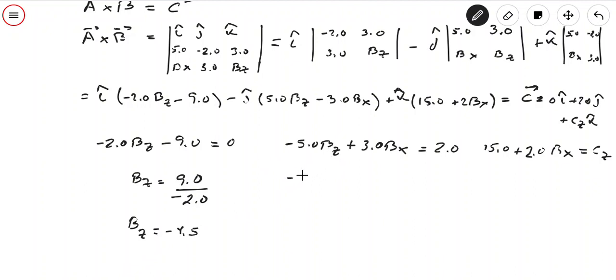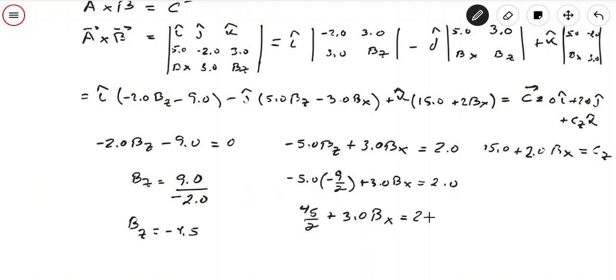So I say negative 5.0 times negative 9 over 2 plus 3.0 Bx equals 2.0. So this negative 5.0 times negative 9 over 2 will be negative 45 over 2, I mean positive 45 over 2, because negative times negative is positive, plus 3.0 Bx equals 2.0.